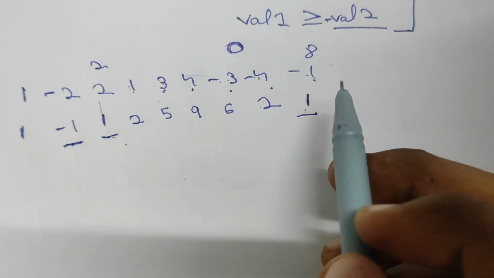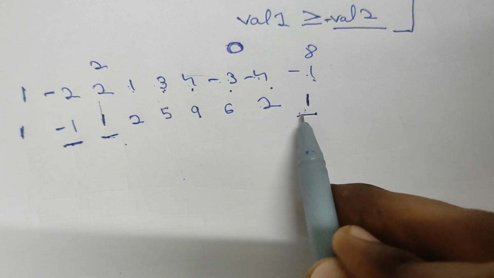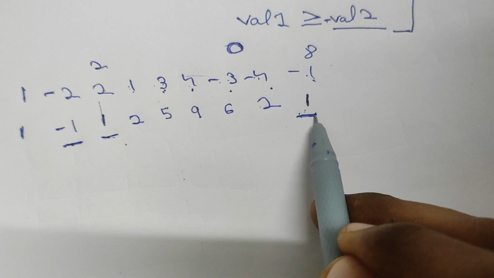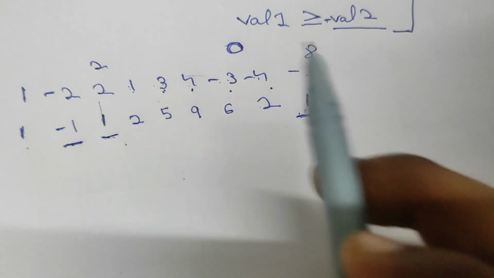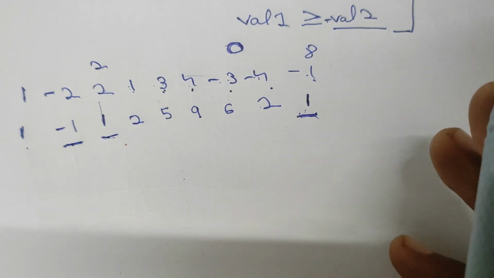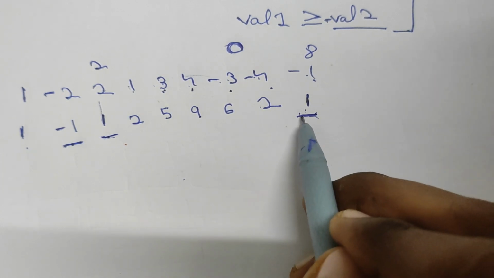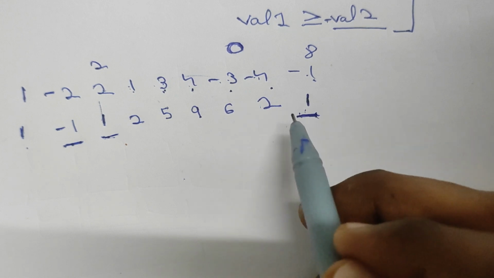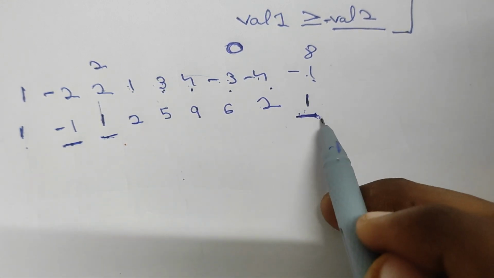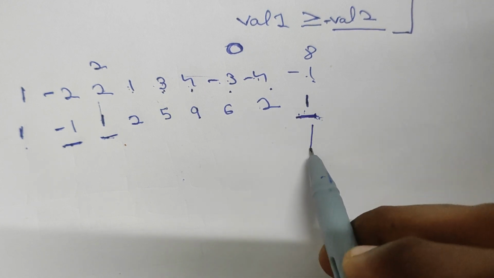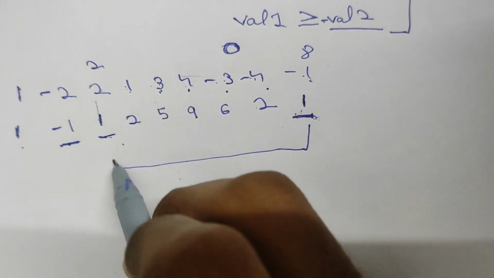So the total sum in between this one and this one will be equal to 0, as well as the total sum in between this one and this one will also be equal to 0. That's the speciality about prefix sum. If we keep track of how many ones there are before this particular one, there are 2 ones before this particular one, so there are 2 substrings ending at this particular index which have a sum of 0.